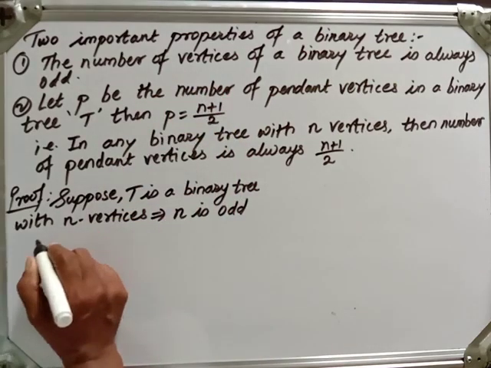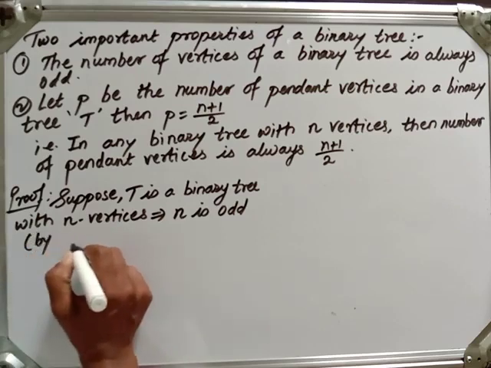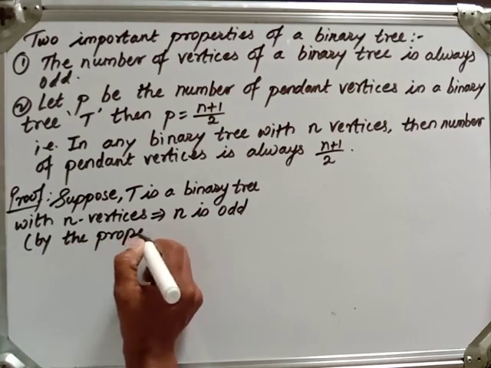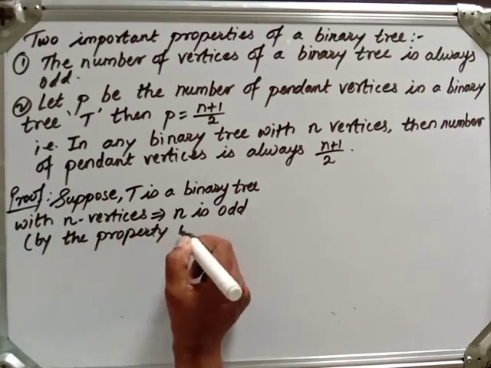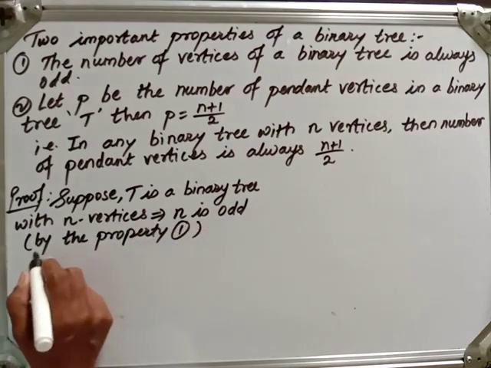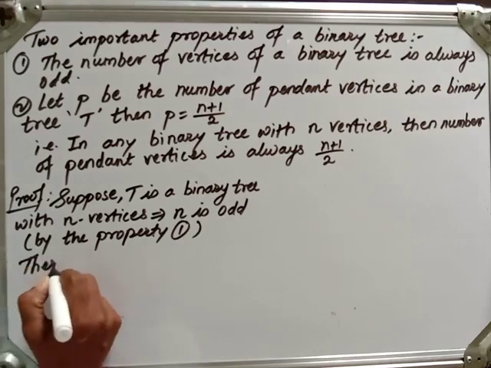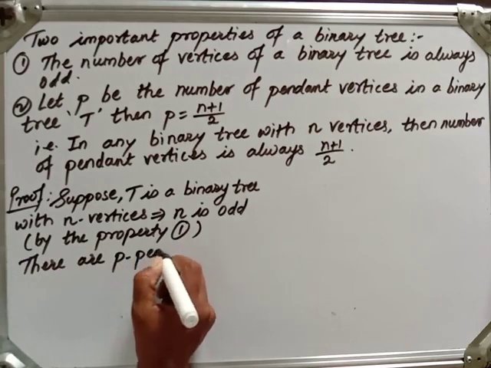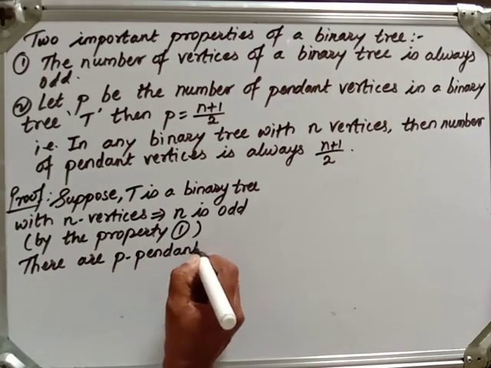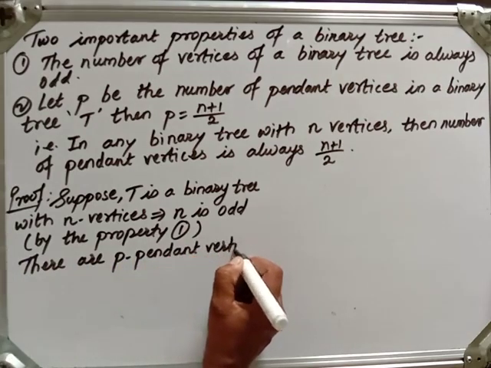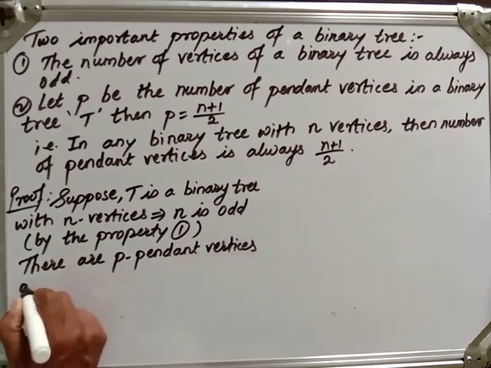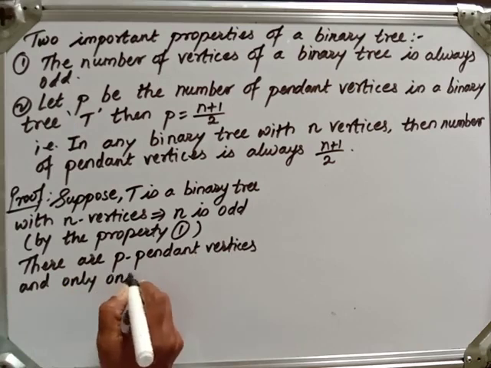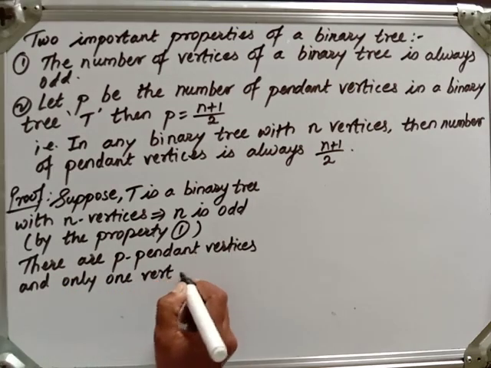Fine. By property 1, there are P pendant vertices and only one vertex of degree 2.